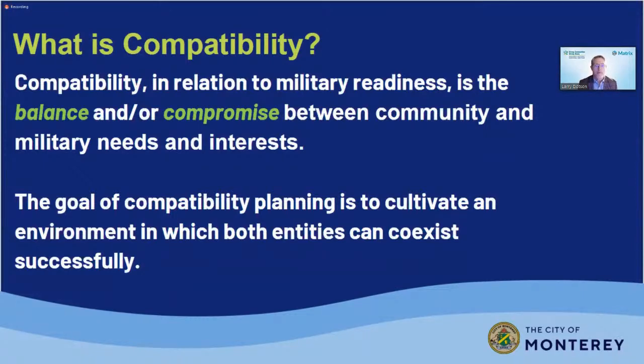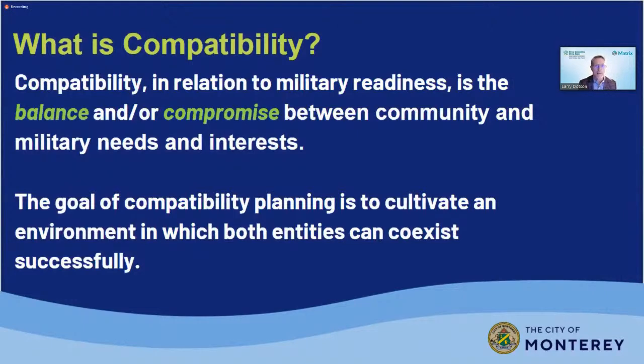And so compatibility looks at how to balance competing interests and competing requirements. Sometimes military operations nationwide have an effect on neighboring properties, and sometimes community policies can have a limiting impact on the ability of the military to train and conduct operations.